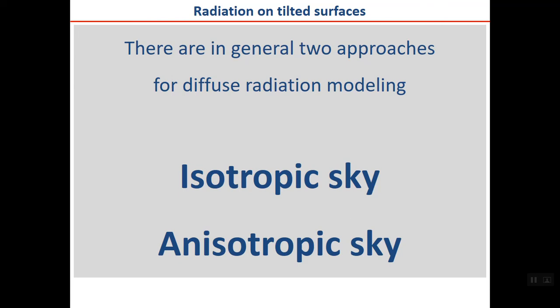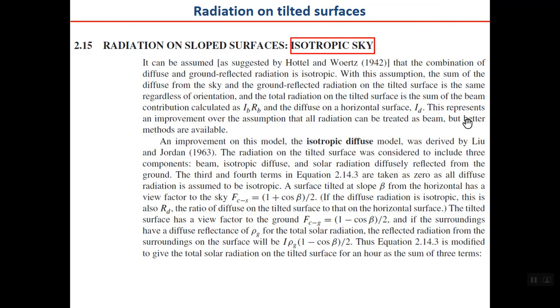And in the anisotropic sky model, this simplification is not taken into consideration. So it means that the anisotropic sky is more accurate and maybe more complex. Section 2.1.5 discusses radiation on sloped surfaces by the isotropic sky.